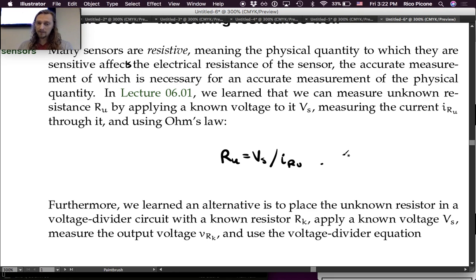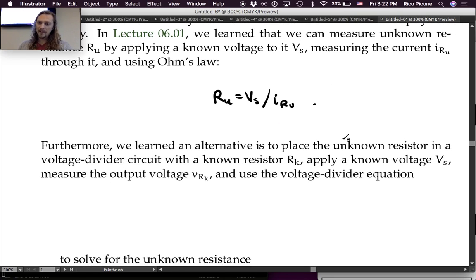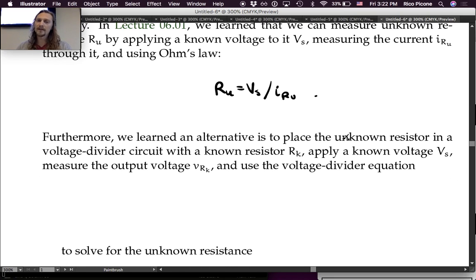Another way that we mentioned is to place the unknown resistor in a voltage divider circuit with a known resistance, Rk, apply a known voltage, Vs, measure the output voltage, Vrk, and use the voltage divider equation. The voltage divider equation is Vrk equals Rk divided by Rk plus Ru, times Vs, as I'm confident you remember.